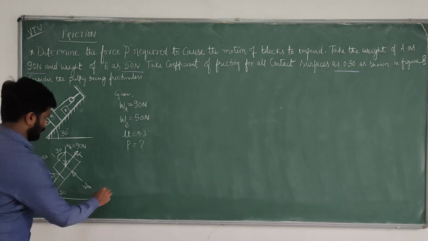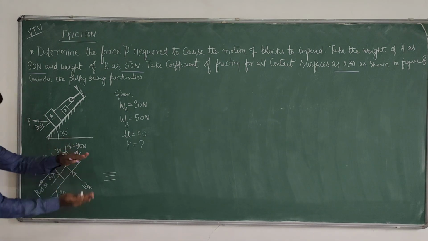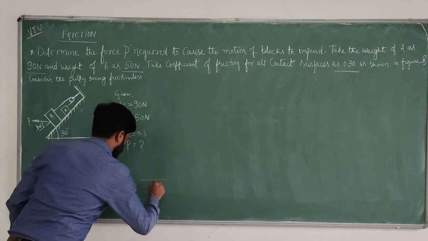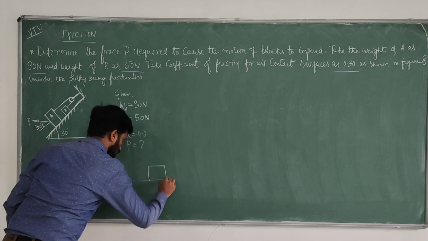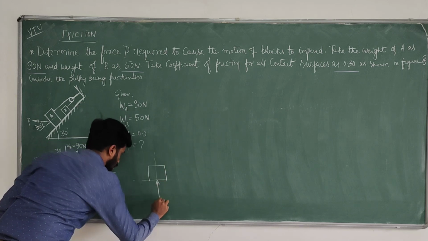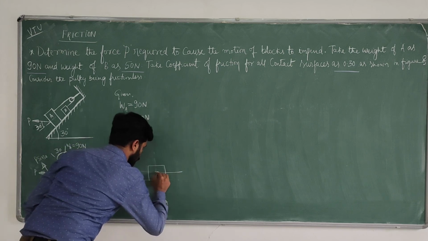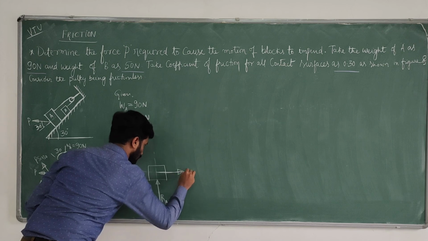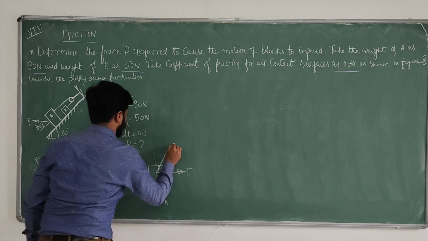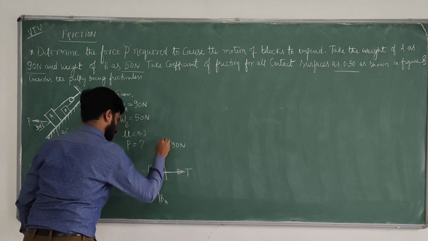If you write the equivalent diagram, if the inclined plane is drawn as a horizontal plane, what happens? This is the block, having a reaction RA, and this is the tension T of the string. You also have one more, the weight WA, 90 Newton, at an angle of 30 degrees.